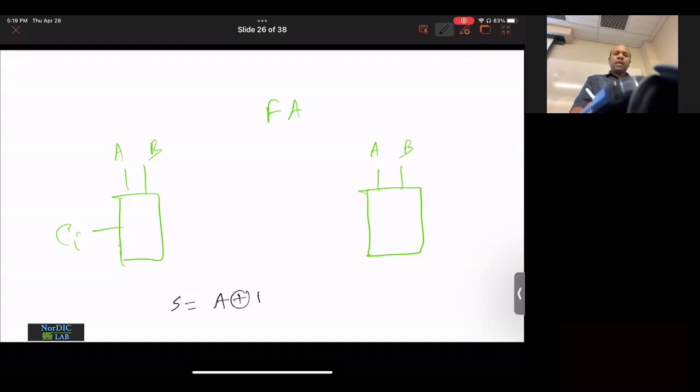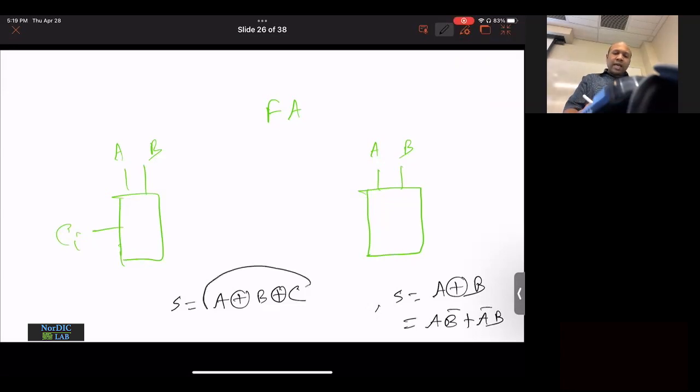A XOR B XOR C. Any problem? For the first adder, do you have any C? The very first adder in the chain, you don't have any C. Can I write that sum would be A XOR B? Any problem? What is A XOR B? AB bar plus A bar B. Just two terms. As simple as that.